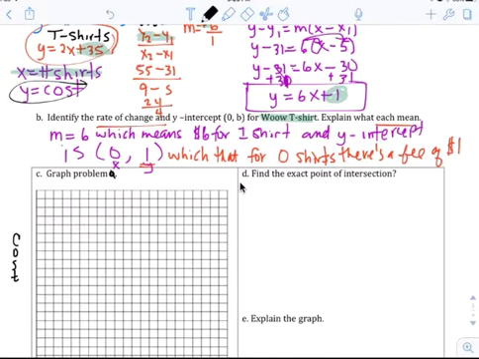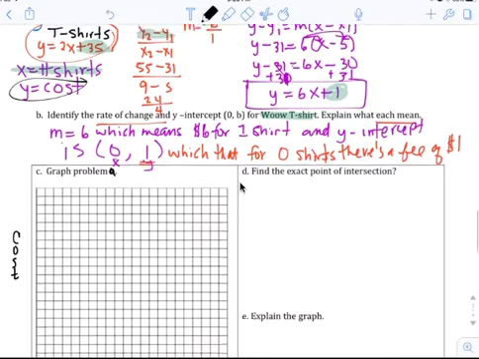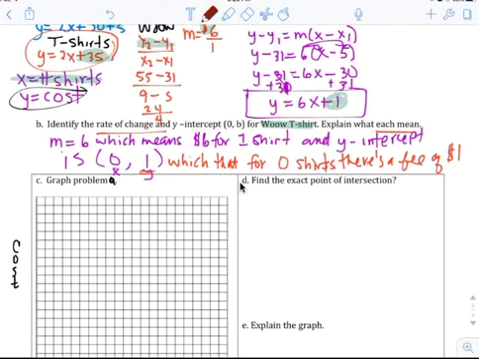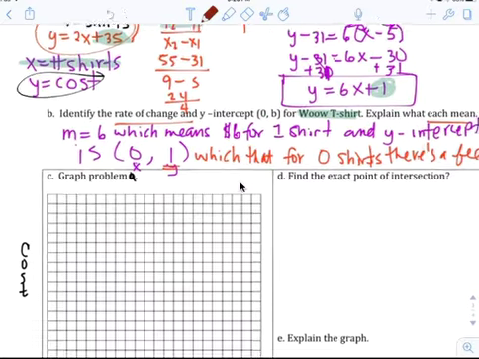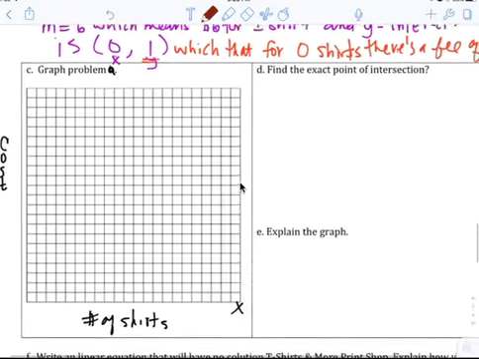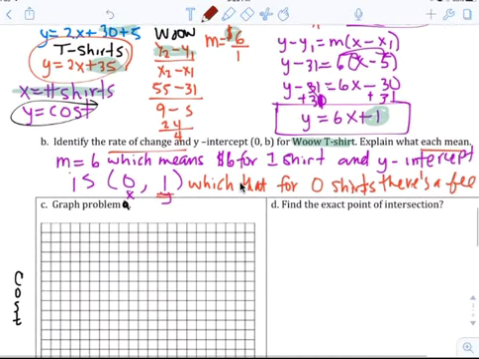Best way to graph this, because you got 2 points here, is the y-intercept. You got y equals 2x plus 35. The y-intercept is at 35, and then y equals 6x plus 1. And the y-intercept here is 1.